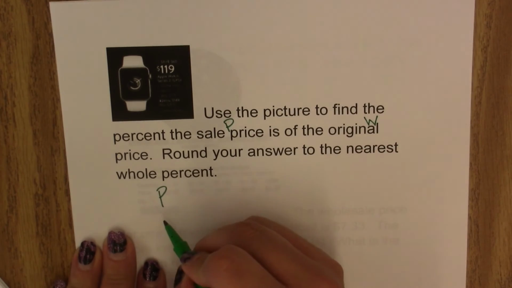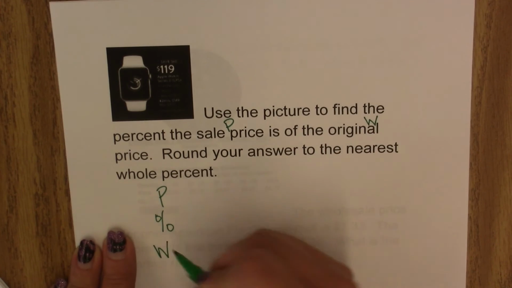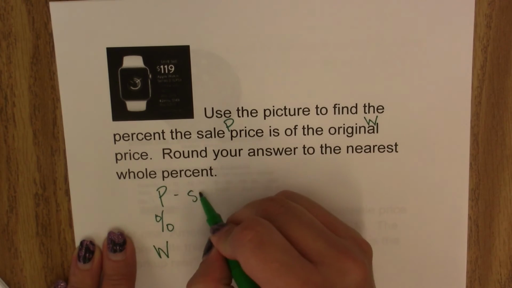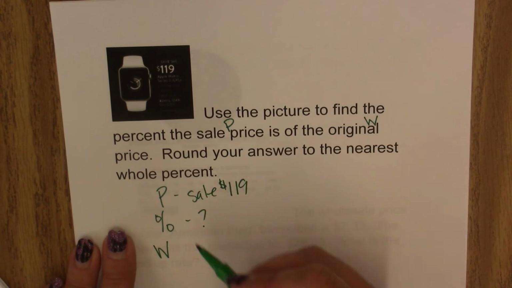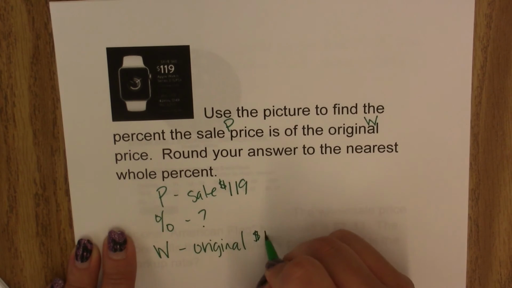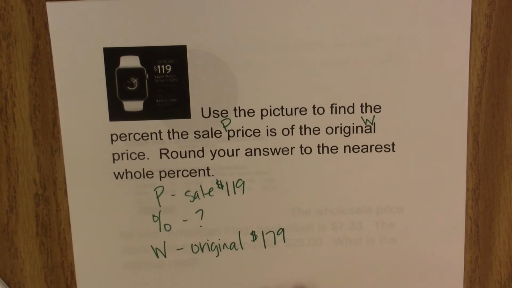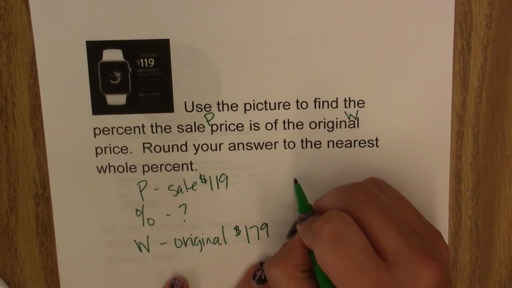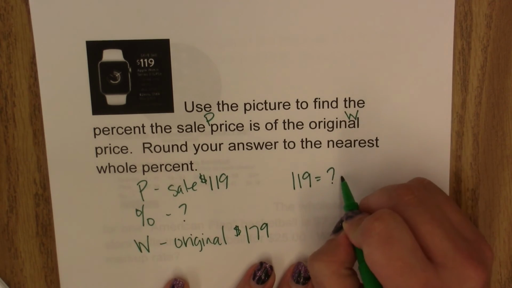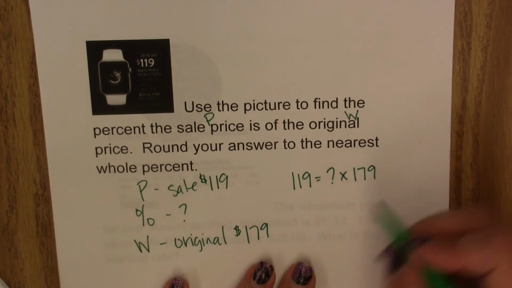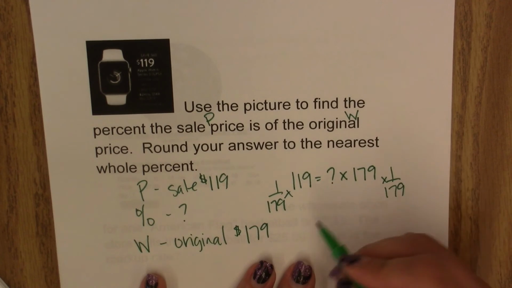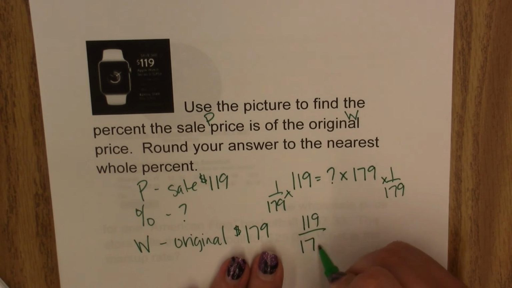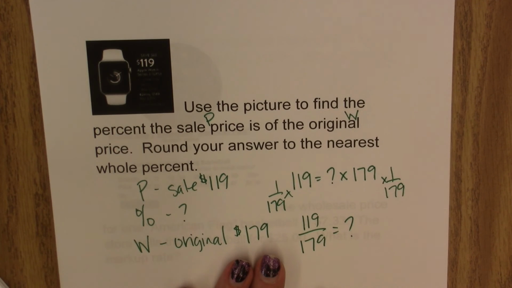So let's list our things out. Part, percent, and whole. Okay, so our part we said was our sale price, which is $119. We're finding the percent, and our whole is the original cost, which is $179. Okay, so when we go to plug this into our equation, we get 119 equals our percent times 179. We're going to multiply by the reciprocal. So we end up with 119 over 179 equals our percent.